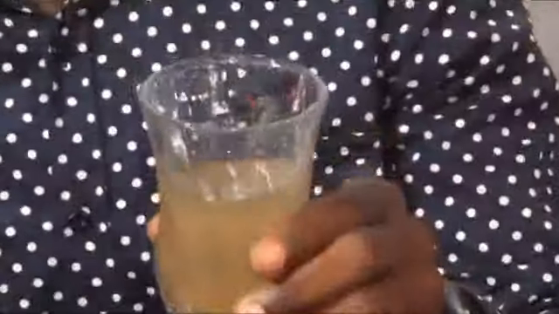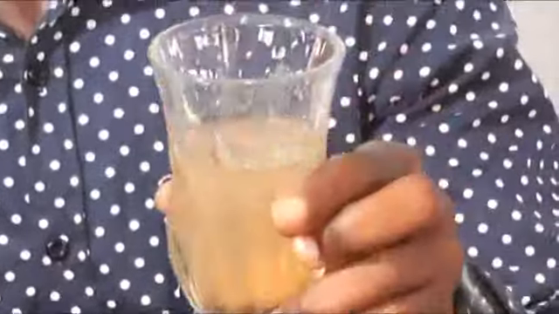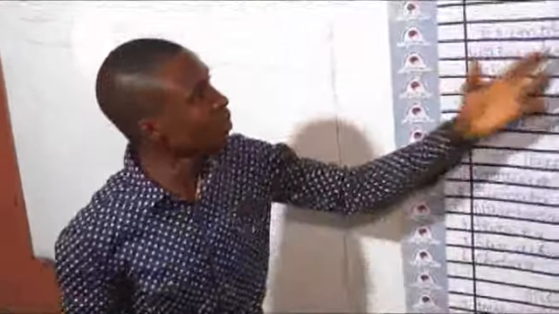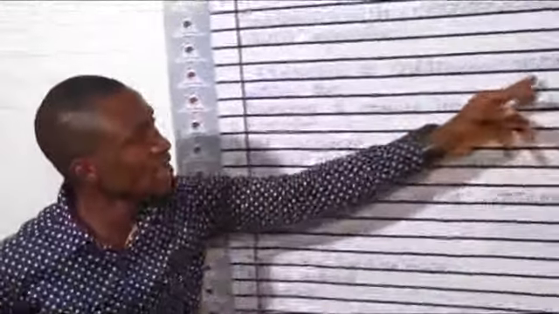It has no color, it has no taste, it has no odor. And this is an example of contaminated water. Having said that, we are going to look at examples of substances that contaminate water.